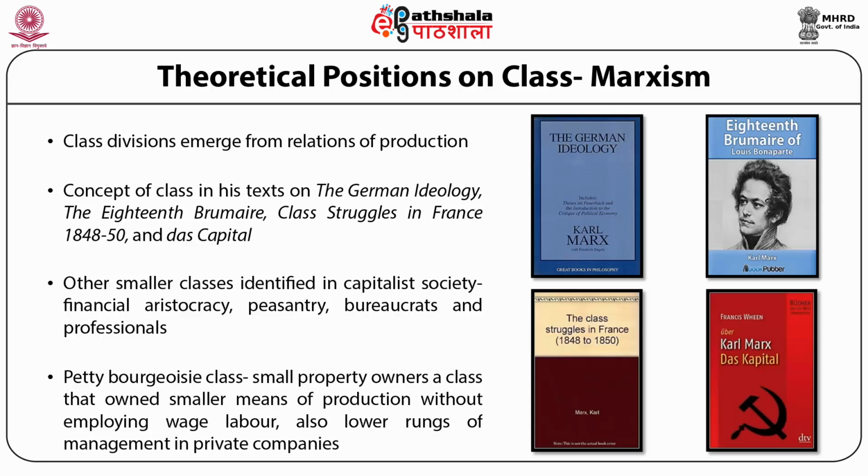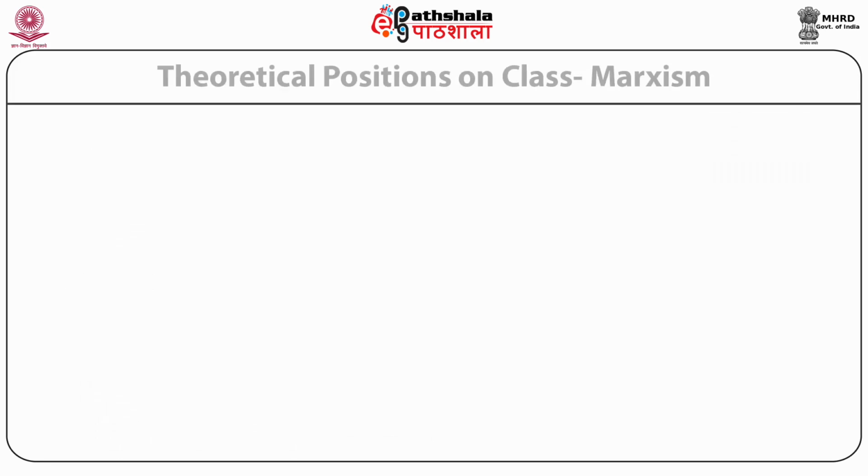It's a class that owns smaller means of production without employing wage labor, and it also refers to the lower rungs of management in private companies. And this class plays a very significant role in maintaining the capitalist system, primarily because they are large in number.